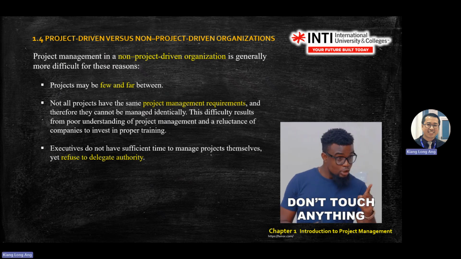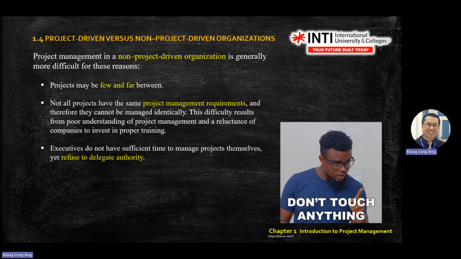Sometimes you will have difficulties when you have an executive level who wants to keep everything on their table. Then it's very hard for the non-project-driven. The time you give feedback to the customer will also slow down because everything is stuck at that particular person or department, since you need to get permission there.